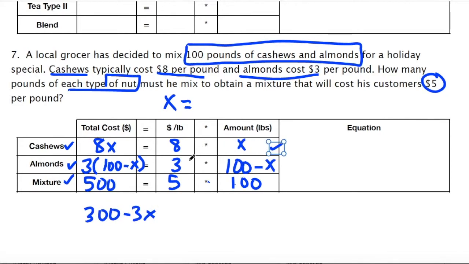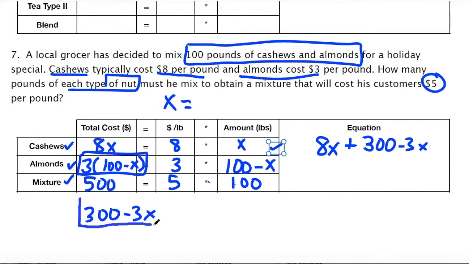So now we have all the data filled in, and now we want to set up our equation, which is going to be the total cost for the cashews plus the cost of the almonds, which is 300 minus 3x. Again, you could either write it this way or distribute it. 3 times 100 is 300, 3 times negative x is negative 3x, and we want to set that equal to 500, which is the mixture.